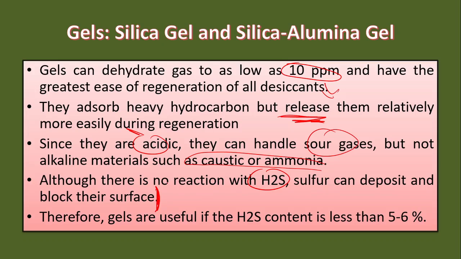This is one of the problems observed with gels: the sulfur formed from the natural gas can deposit on the surfaces and deactivate a portion of the solid desiccant. Therefore gels are very useful if the H2S concentration is less than 5 to 6%.